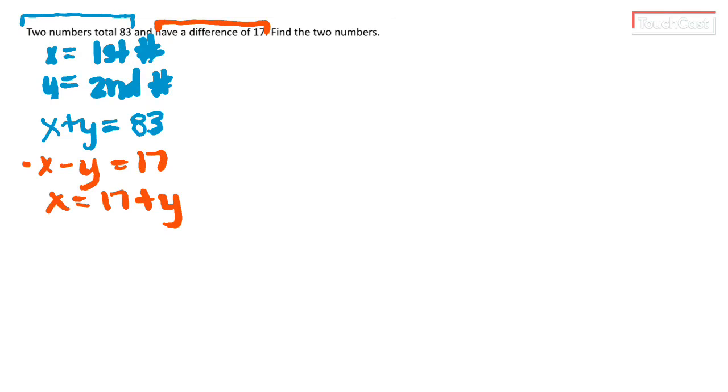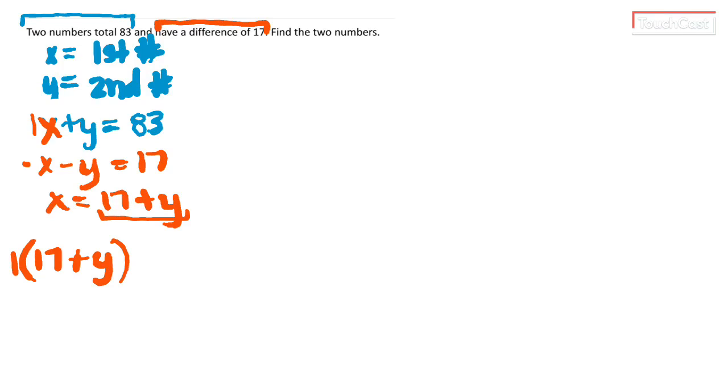And now in the very first equation, anywhere I see x, I can substitute in what I know about x. So I'm going to go to that first equation, and I'm going to plug in this right here for x, because that's what I know x is equivalent to. So I have 17 plus y, and we're always going to use parentheses, even though in this case there's a 1 in front of my x, and so it's understood that I have a 1 out front, and 1 times all that stuff inside is not really going to change it, but that's okay.